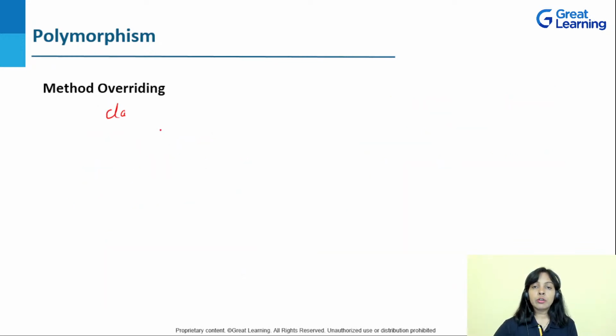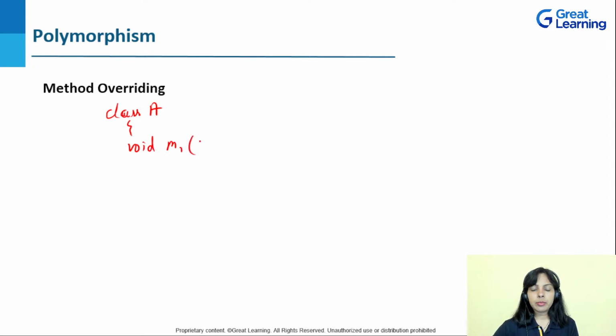Now in method overriding, we have the same method signature, but in two different classes, not the same class. In the same class, if you have two methods with the same method signature, you will get a compile time error. So class A, in this I have defined a method void m1.